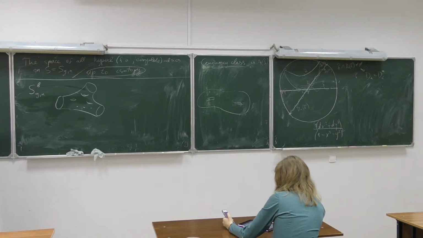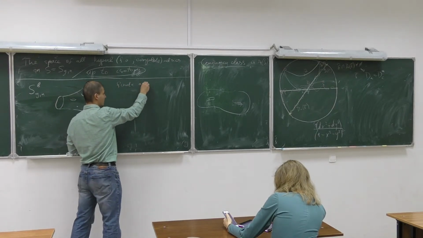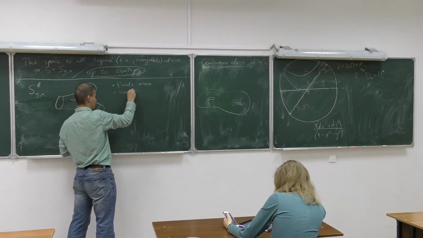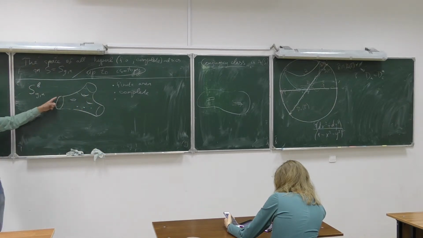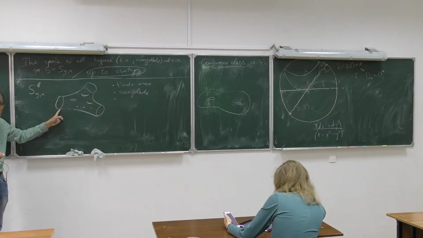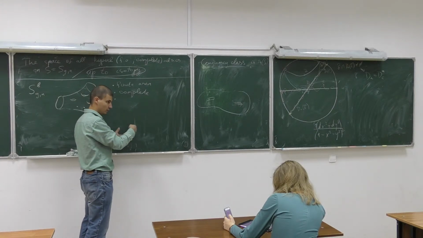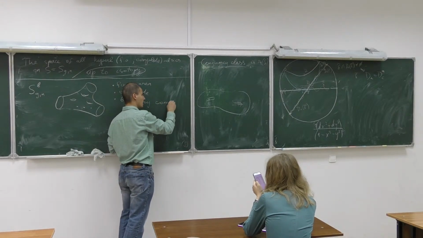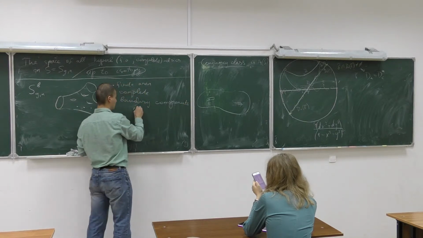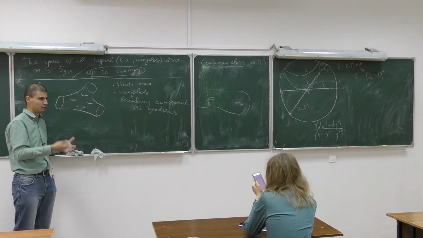But these metrics, again, I would like to have that they are finite area, complete. But also I always want the boundary components to be geodesics. So this is a requirement, this is a restriction. I study only such metrics that boundary components are geodesics, and in fact I would like to have here geodesics of prescribed lengths.